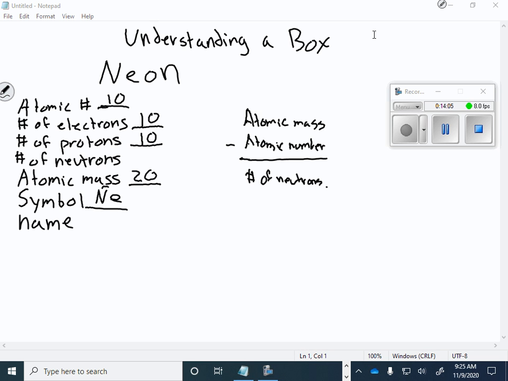One important thing to notice on these symbols is the first letter for the symbol is always capitalized. If it has a second letter, it is always lowercase. It's very important to do it that way. The reason is that if we have a chemical formula like table salt, then we can tell how many different elements are there, because every time we see a capital letter, we know that it's a new element.